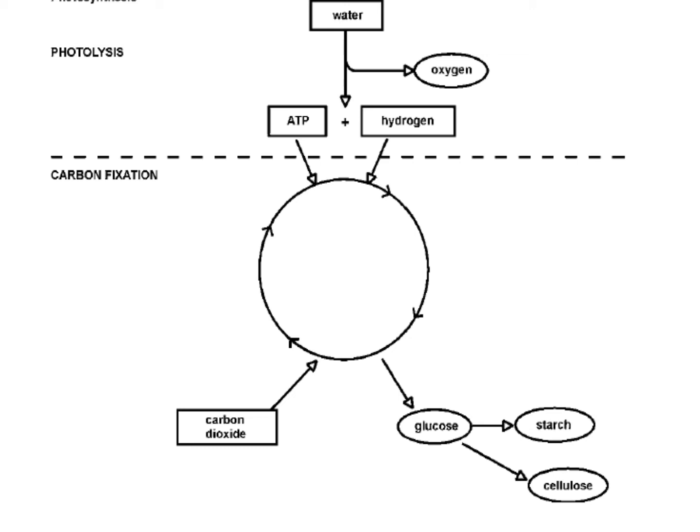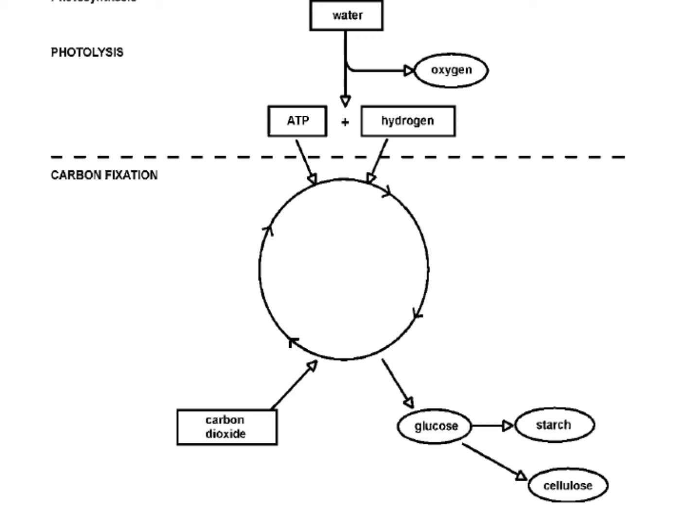Now, what happens to the glucose sugar in plants? Well, a number of things can happen to the glucose sugar. The plant might want to use it up in respiration, so it might be broken down by glycolysis, etc., in aerobic respiration. Or the plant might want to store it. It might not need the energy from respiration, so it might convert it to the storage carbohydrate starch.